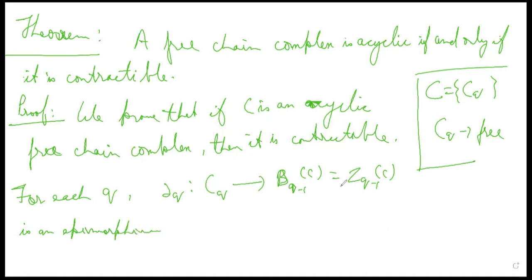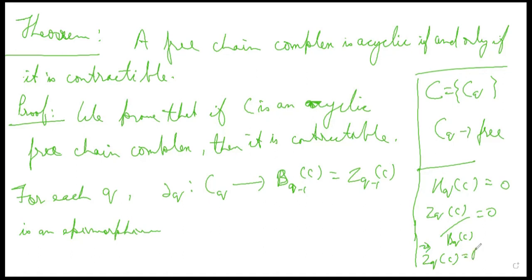Epimorphism is a surjective homomorphism. Because this chain complex is acyclic, HqC is 0 for every q. It means that ZqC quotiented by BqC is 0. It means that ZqC equal to BqC, right? So that is why we have it.